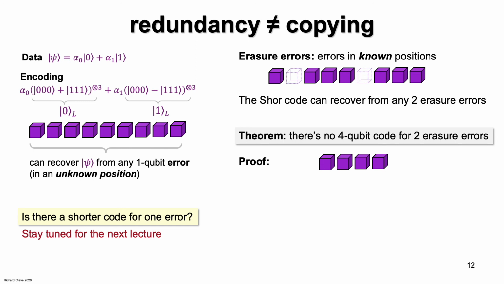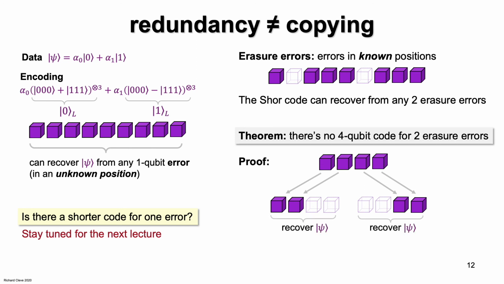Then take the first 2 qubits and think of them as an encoding with 2 missing qubits. Same with the last 2 qubits. If the code could really protect against 2 erasure errors, then we could recover the data from each of these, thereby producing 2 copies of the data, and this would contradict the no cloning theorem.